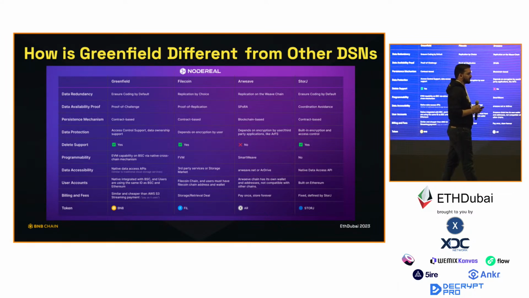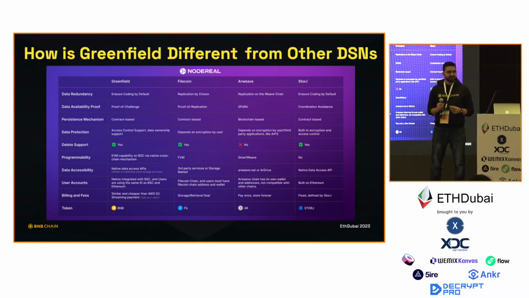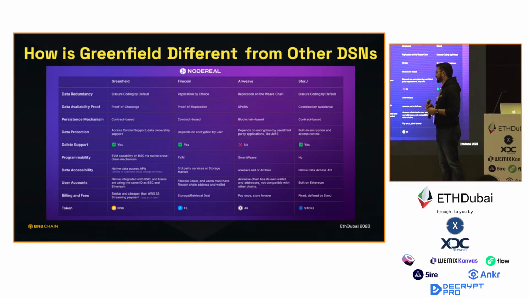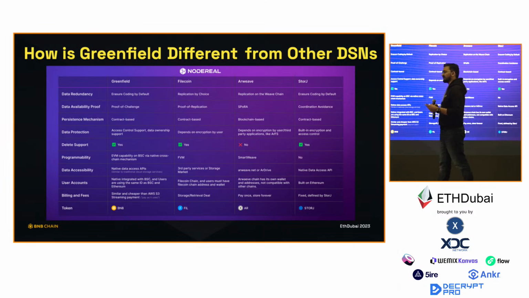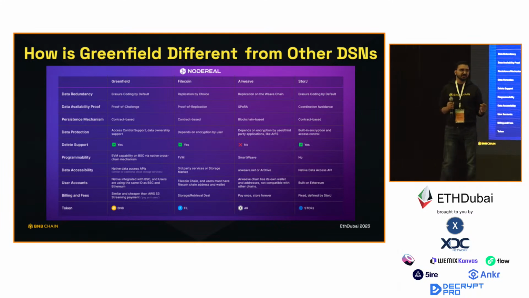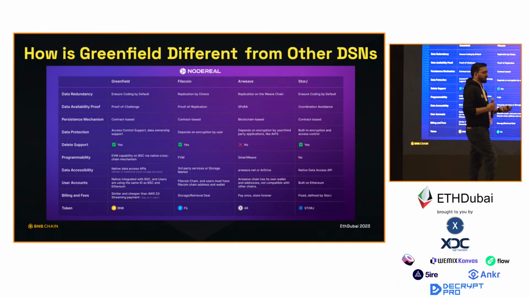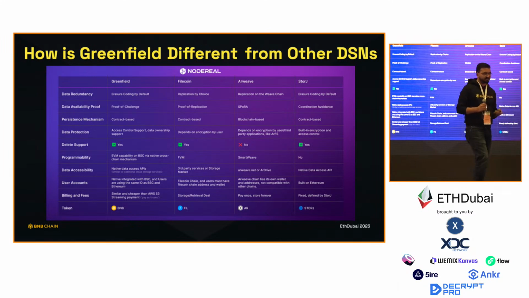But BNB Greenfield is EVM compatible and based on BNB Smart Chain, so users have integrated BSC accounts. They don't need to create a separate account; they can use the same account address for BSC and Greenfield because of cross-chain communication.